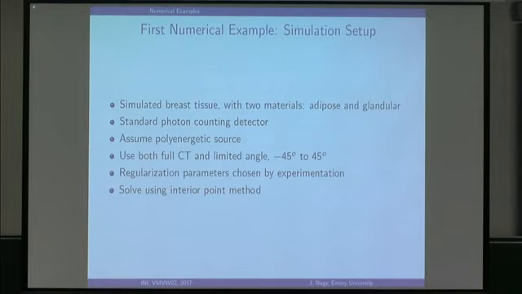In tomosynthesis, typically it's plus or minus maybe 15 degrees only, not 45. So I'm not being quite honest to that kind of application, but let's just see how it works. I'm going to play with the regularization parameters. You can ask me how I choose them, and I don't have a good method right now, so we're just going to play with them until we get a good regularization parameter and see what we get. And I'll use this interior point method to solve the problem.